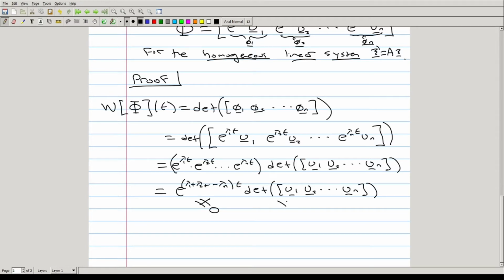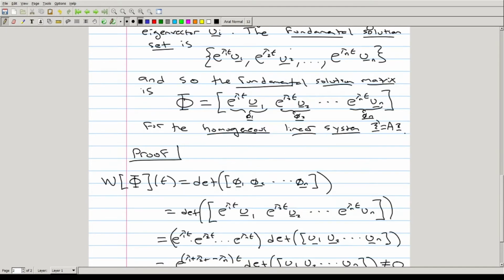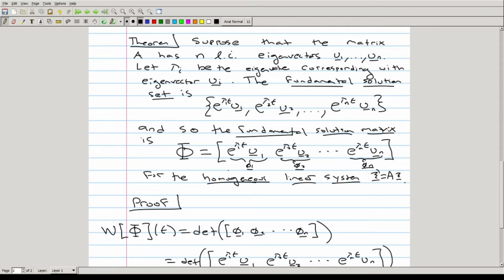And as well, this determinant is non-zero because u1 and u2 and all the eigenvectors are linearly independent. So the Wronskian of this fundamental solution set is never zero. And this allows us to go through and compute, using this fundamental solutions matrix for our system of first order differential equations with constant coefficients.